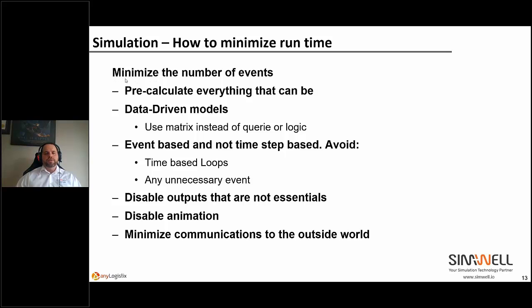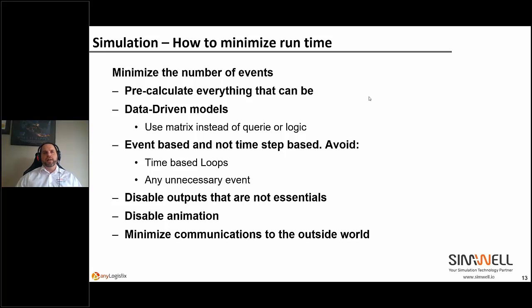Overall, to minimize the simulation runtime, you want to minimize the number of events in a simulation model. Especially in discrete event simulation and agent-based modeling, at the end of the day it's events occurring, right? So if you minimize the number of events, you minimize the runtime. There's a direct link between the two. Some potential solutions: pre-calculate everything that can be calculated outside of the simulation model.